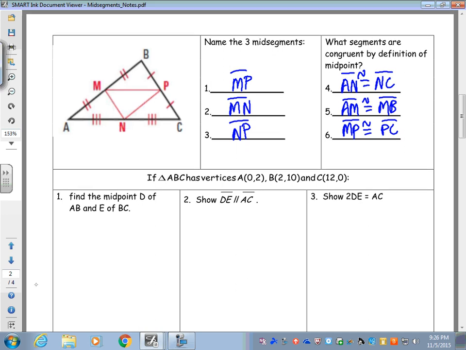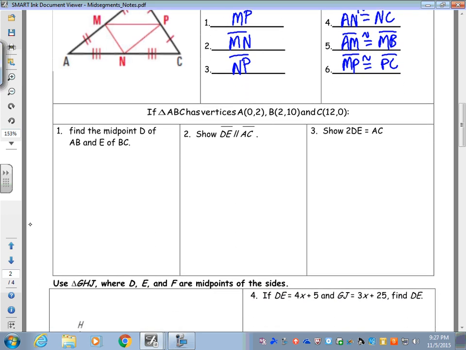Alright, so you will be given some coordinate geometry application of midsegments without a graph. Okay, so it's find the midpoint D of AB and E of BC. So because we did the midpoint formula just a while ago, we can find the midpoint using the midpoint formula.